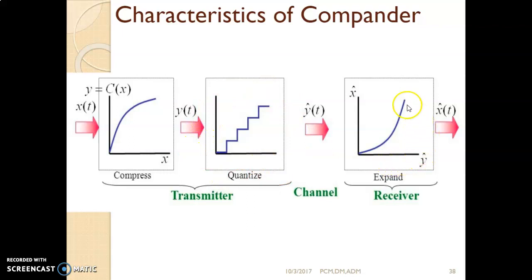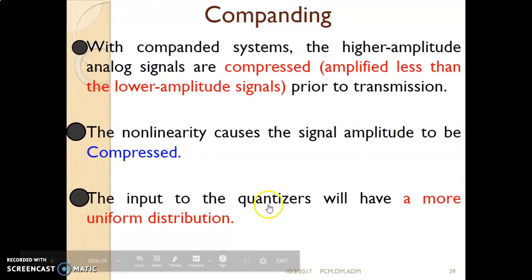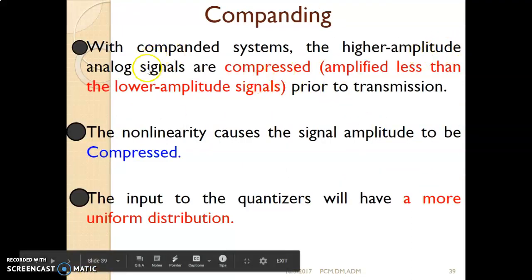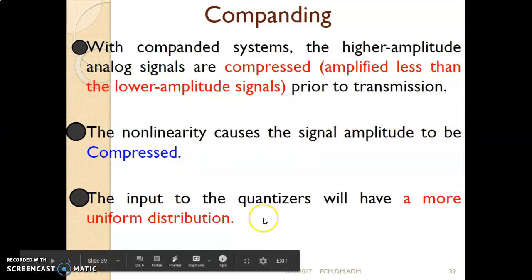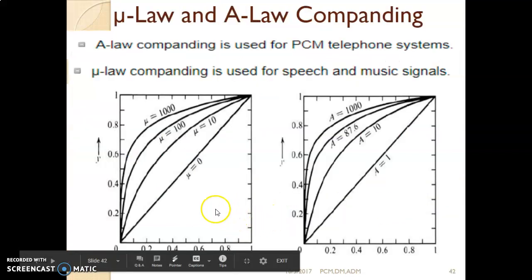At the receiver you will have the expander, which will be opposite to that of the compressor. With a companded system, the higher amplitude analog signals are compressed, that is, amplified less than the lower amplitude signals prior to the transmitter, and the non-linearity caused in the signal amplitude is compressed. So the input to the quantizer will now have a more uniform distribution.